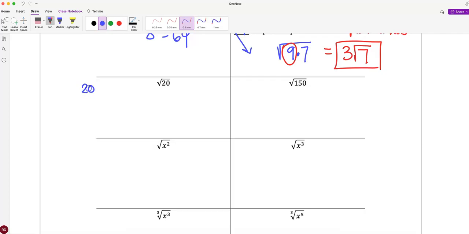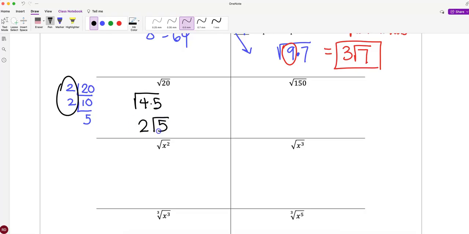You know that 20 is divisible by 2 and 10. That's divisible by 2 and 5. So this is a perfect square, the number 4, so it's 2 squared, which is 4. So this is the square root of 4 times 5. The square root of 4 is 2. So your answer is 2 root 5.